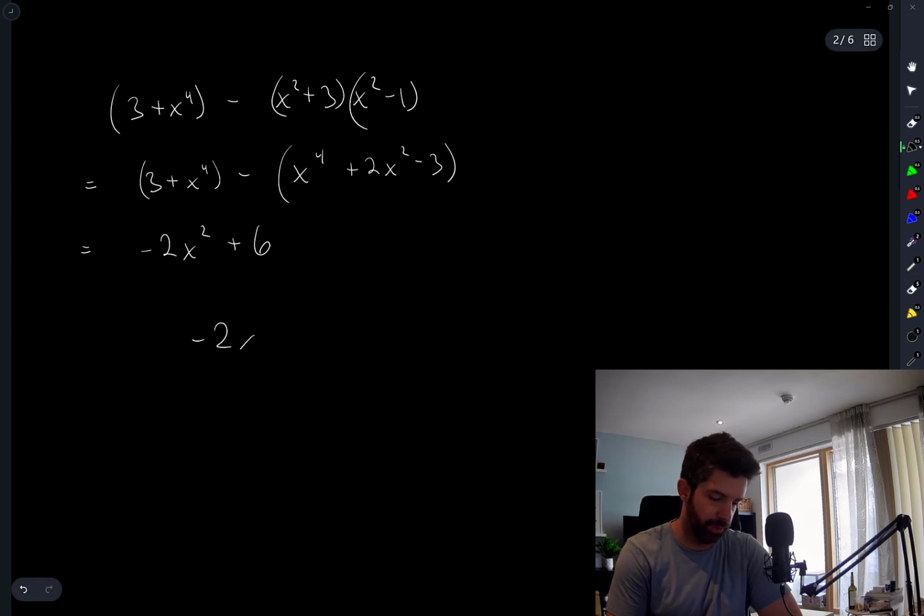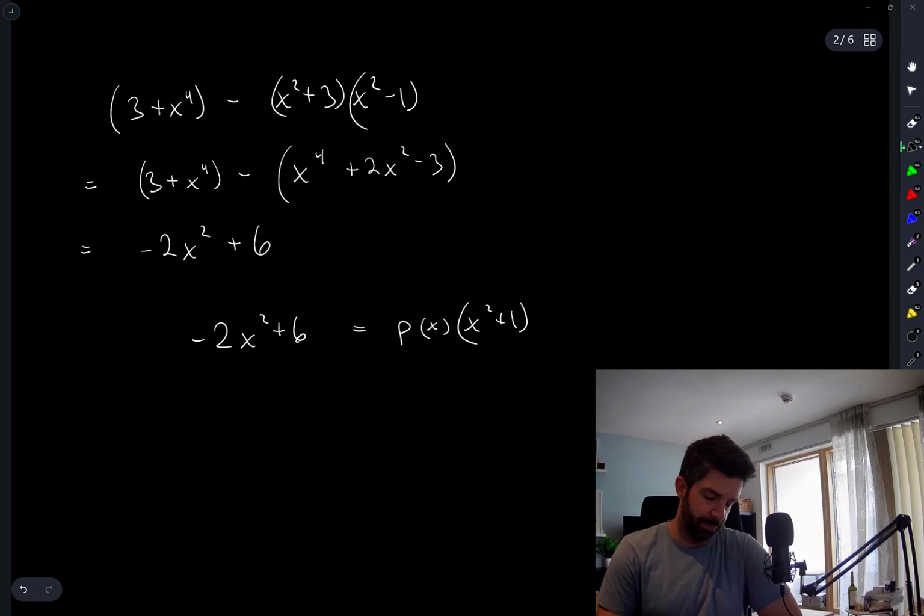If I write negative 2x squared plus 6 is equal to p of x times x squared plus 1, then p of x has to be a constant, because otherwise the powers don't match.